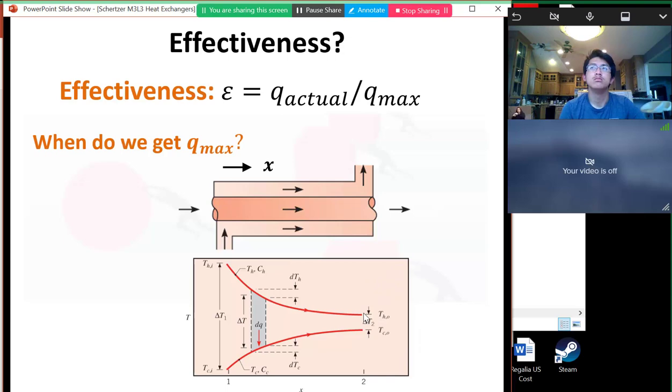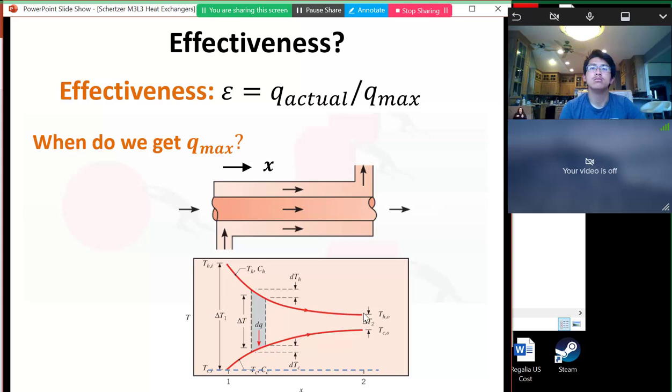If we could get the maximum amount of heat transfer, that would be at a case where what we're going to call the specific heat rate, so the mass flow rate of one side times its specific heat, is much, much bigger on one side than the other side. If that specific heat rate was much bigger on the cold side, then the cold side temperature basically wouldn't change.